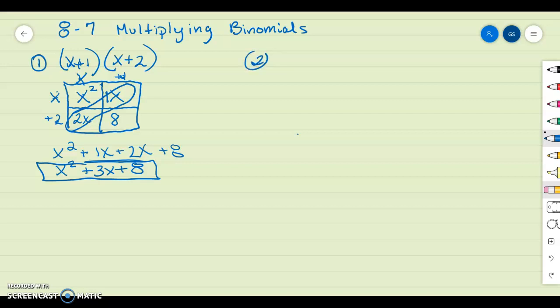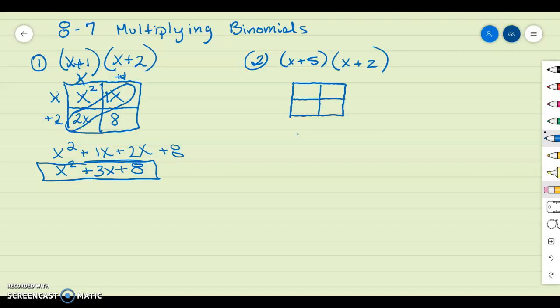So let's do example number 2. Please write this down. It's x plus 5 and x plus 2. Okay, we're going to make a square box. We're going to cut that square box into 4 pieces.